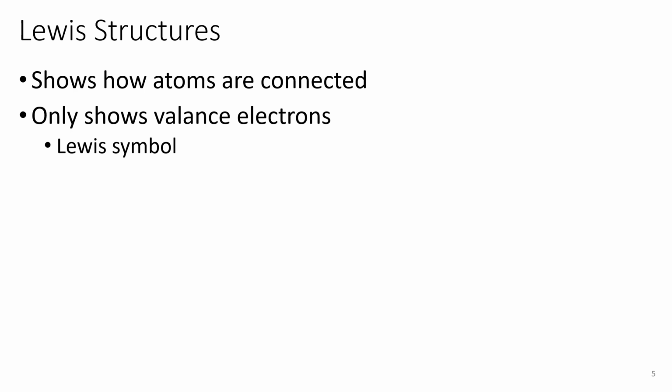We can actually look at drawing Lewis symbols for all of our atoms. Lewis symbols are notations that show us the element's symbol and then how many valence electrons it has. So if we were to look at the Lewis symbol for carbon, I would draw my symbol for carbon. Carbon has 4 valence electrons, so I would draw dots to represent those electrons around carbon.